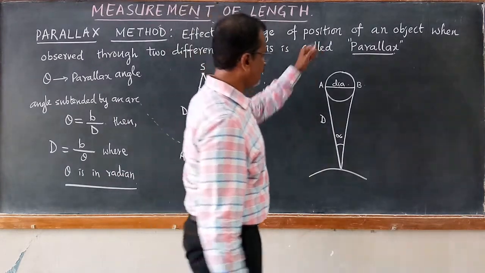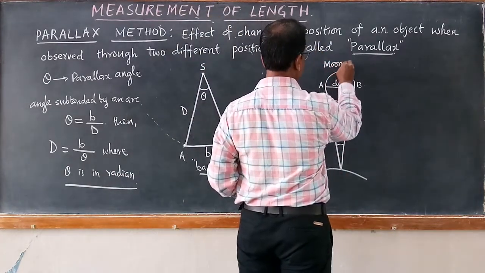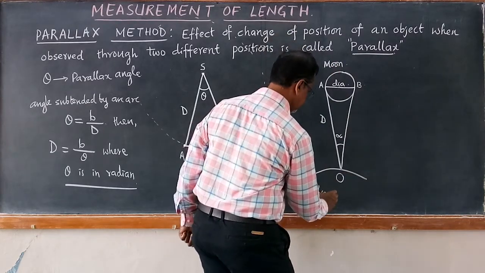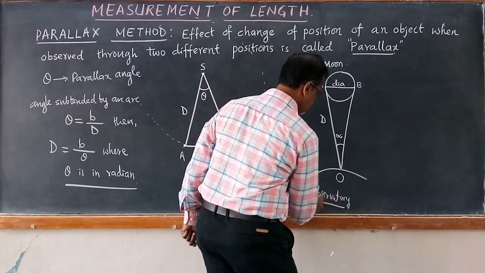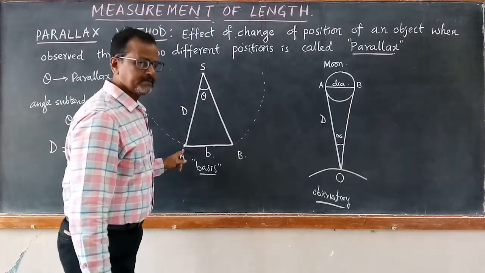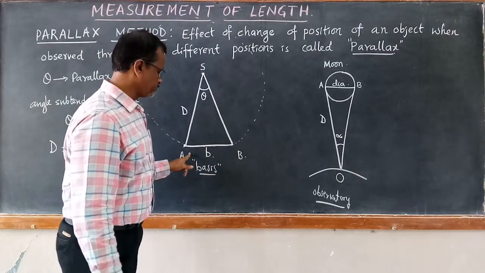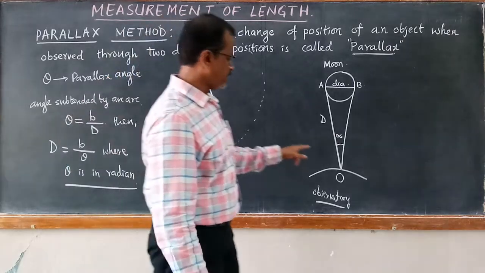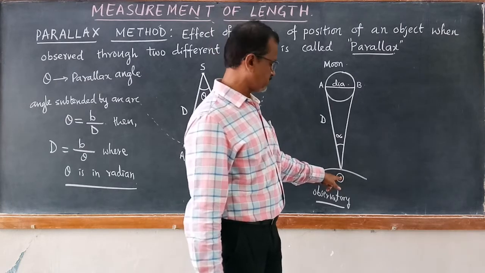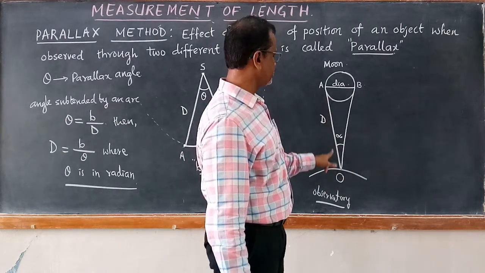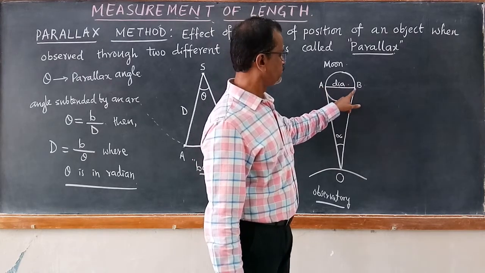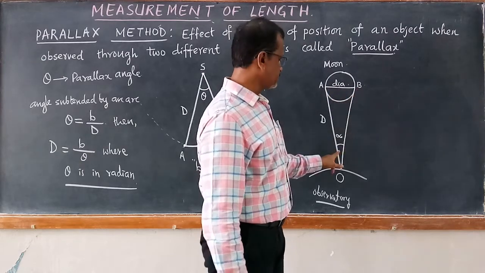So distance of the moon, for example, if this is taken as moon and this is observatory. Here the procedure is little different. Here we are shifting the positions of the observatories, and here we are using only single observation point, single point of observation. From the single point of observation, we are observing A first, and then slowly shifting it to B, diametrically opposite point B. We measure this angle.